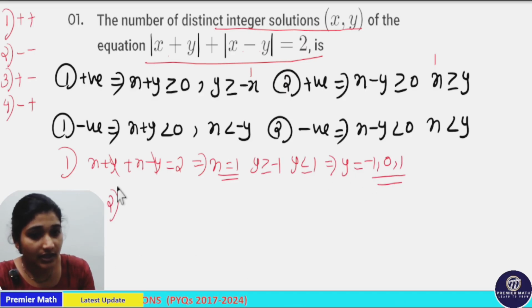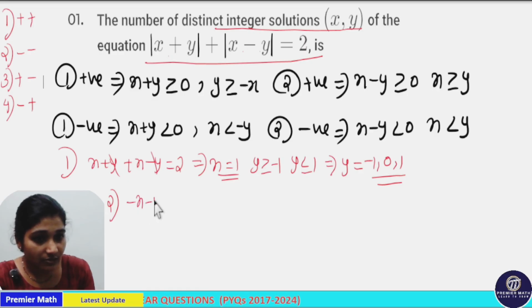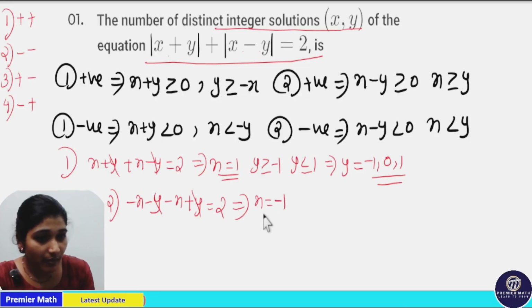Now from the second condition, both are negative. Both are negative means x + y negative, x - y negative. So negative of (x + y) means -x - y, and negative of (x - y) means -x + y, which is equal to 2. Here y cancels, -2x = 2 means x = -1.